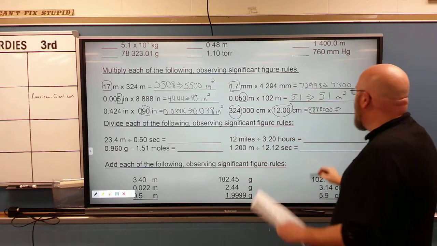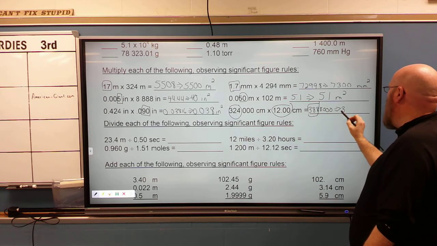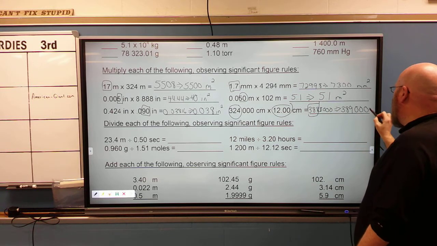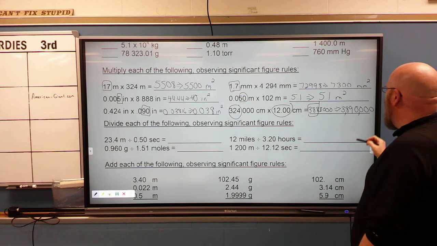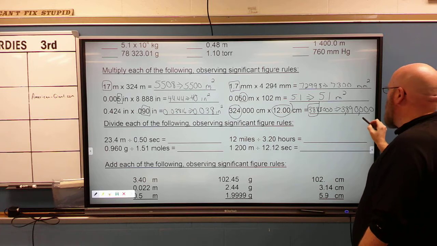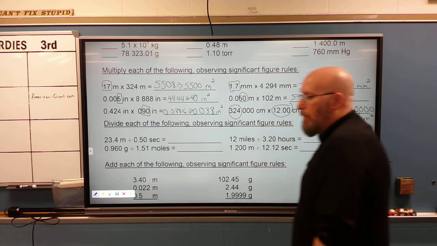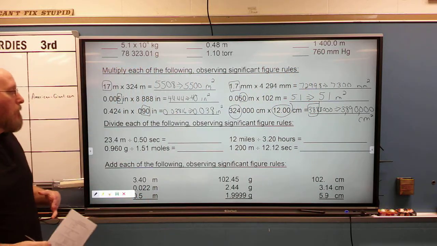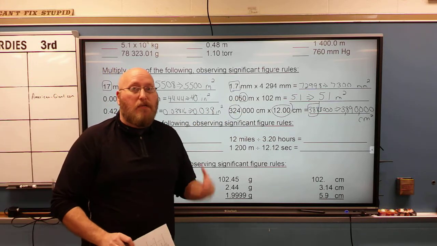It's only 3. So I've got to look at these 3 right here. When I get done, 3, 8, and that 8 makes that 8 a 9. So 3,890,000 square centimeters. Okay? So far, pretty straightforward as far as the multiplication, because once you can do the multiplication, all you have to do is figure out which one has the fewest number of significant figures.